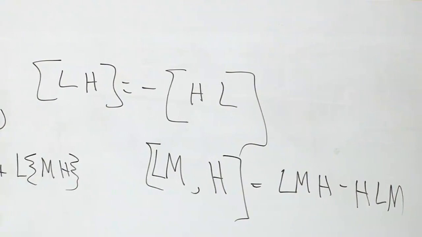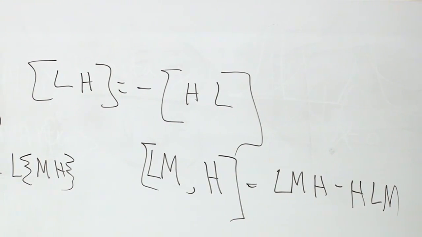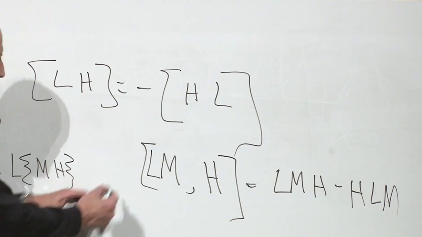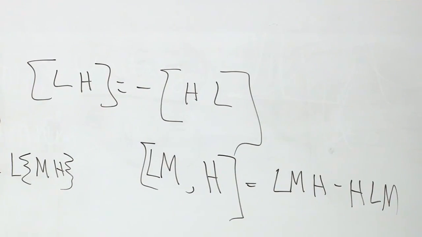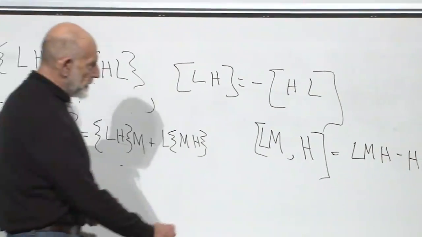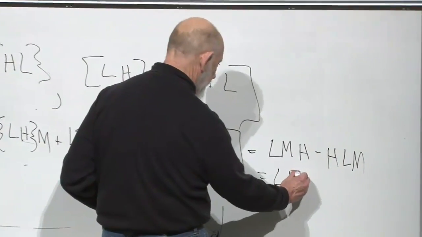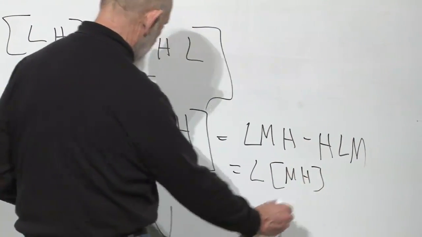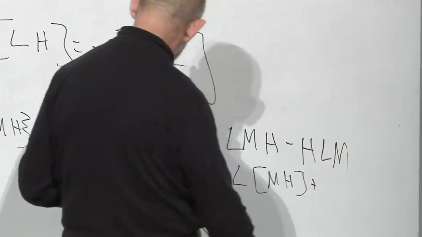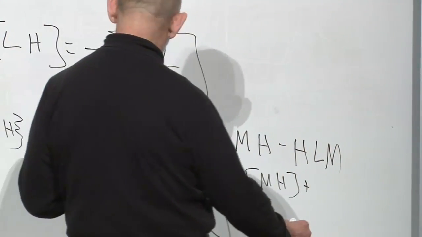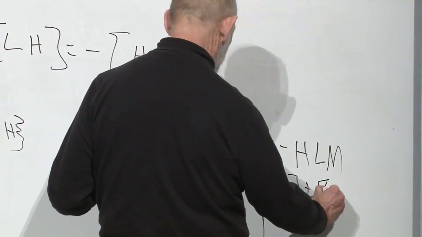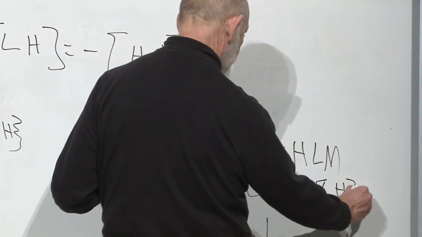And now you start juggling, adding and subtracting the same terms, and eventually you'll discover it's the same relationship: this is equal to L times the commutator of M with H plus the commutator of L with H times M.